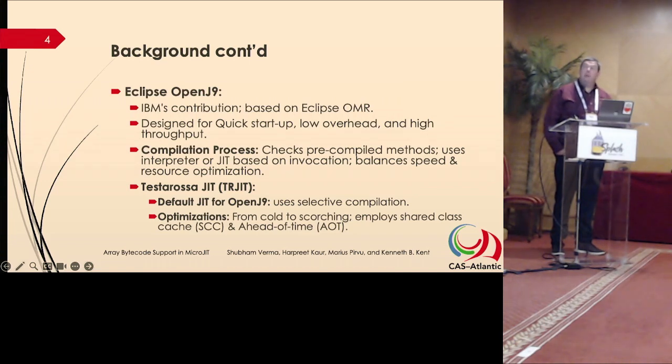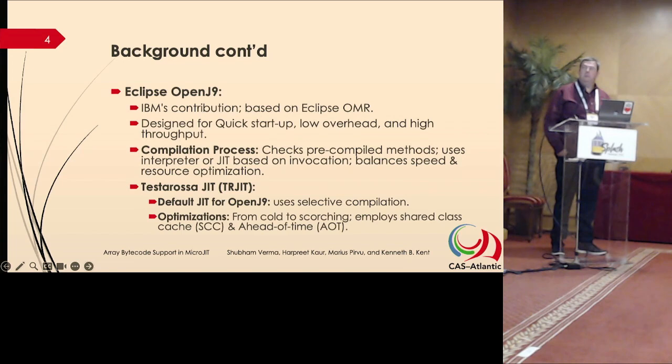The compilation process checks for precompiled methods, and it uses the interpreter or JIT based on the invocation, and it tries to balance speed and resource optimization. The JIT that's actually used within OpenJ9 is the Testarossa JIT, which is the default, and it uses selective compilation amongst other optimizations to bleed out as much performance as it can. It goes from cold to scorching.